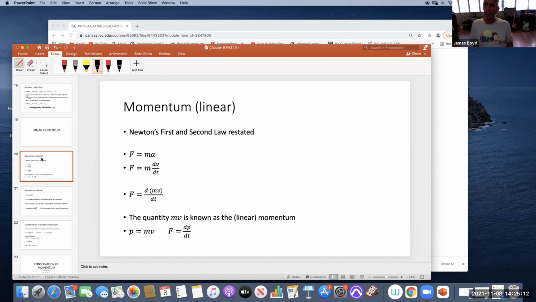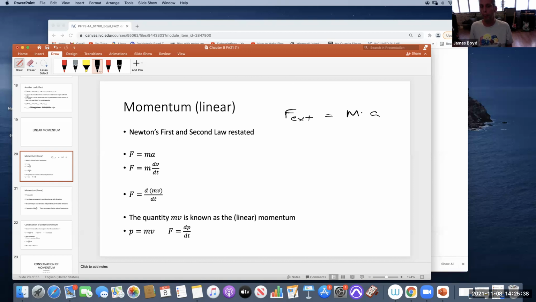So let's restate Newton's first and second law. And actually, this isn't the full story. What Newton's second law, we said, was a definition of mass, which is how resistant something is to having its velocity change. Acceleration, which is the change in the velocity.